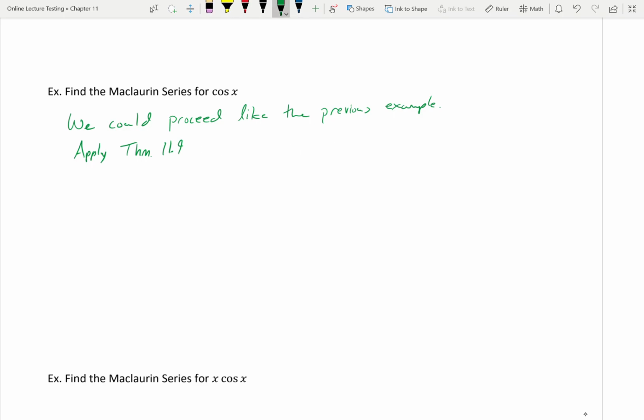That's where this is coming from. So cosine of x is equal to the derivative of sine of x, which is equal to the derivative of this term-by-term power series representation of sine. So why work harder when you can work smarter here?